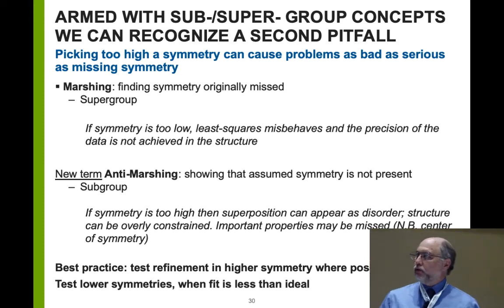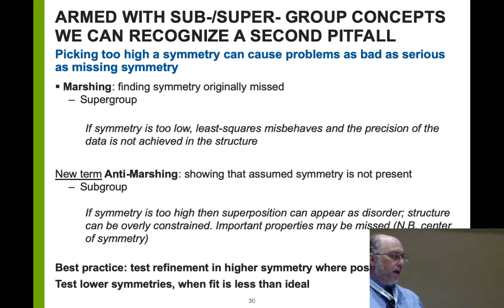Well, if the symmetry is too low, then you're going to have real artifacts in your fit. But if the symmetry that you report is actually too high, you're missing the interesting bits.